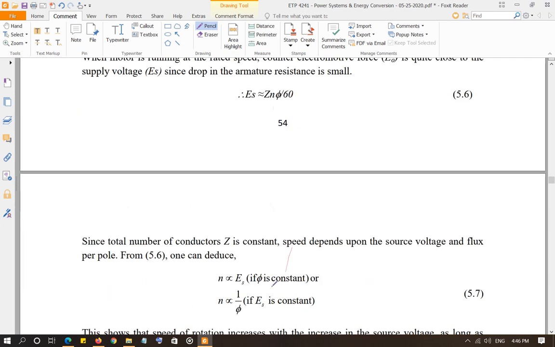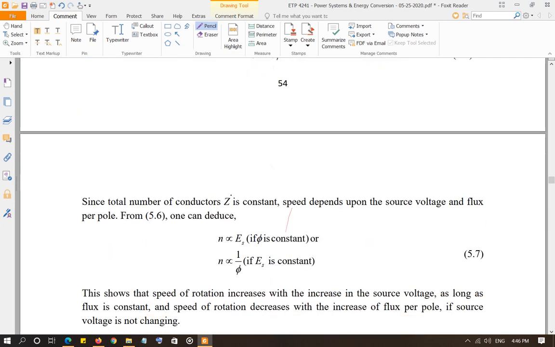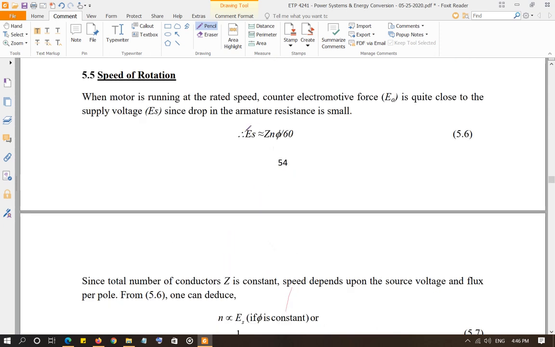Z is always constant. Now if we keep ES constant, ES is usually constant, or in other words, if we want E naught to be constant, or if ES and E naught are very close to each other, approximately equal. So if ES is constant, in other words, if E naught, the induced voltage or the CEMF, is constant, then from the same relationship we have ES constant, Z constant, 60 constant.